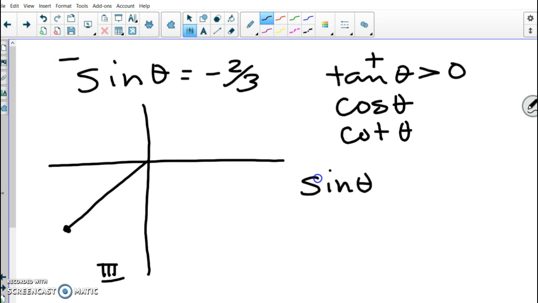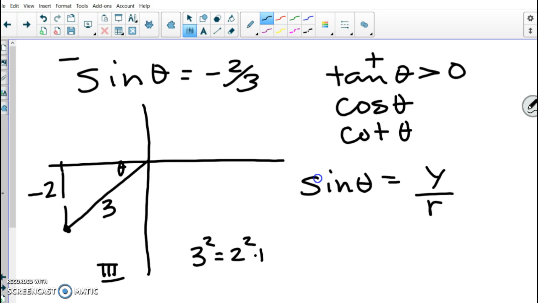We know that sine of theta is the ratio y over r. We know that r, the radius, has to be a positive value, so the sine of theta is opposite over hypotenuse, negative 2/3, which allows us to find the cosine and the cotangent, because right now we have this fact: 3 squared is equal to 2 squared plus adjacent squared.